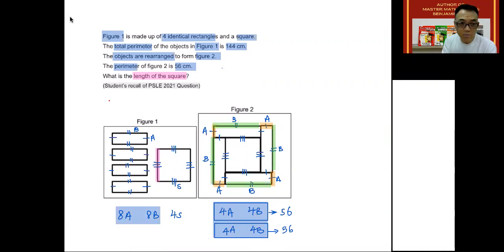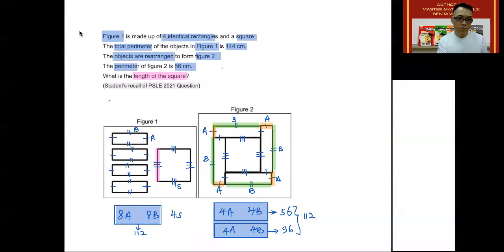And 56 plus 56 has a total value of 112. That means that this box here that I've just drawn has a value of 112. So this is 112.